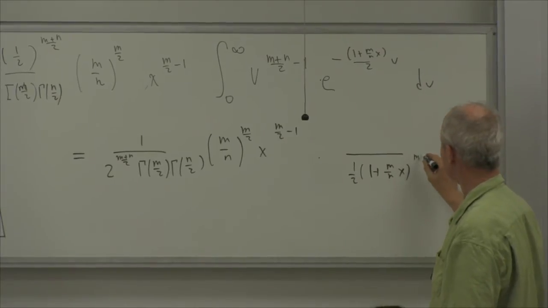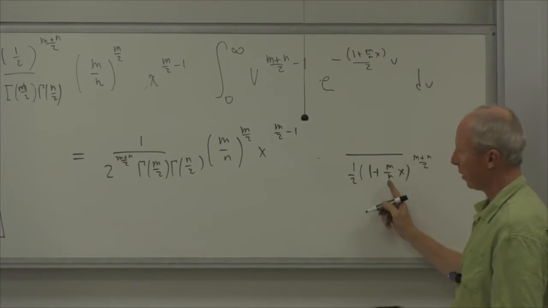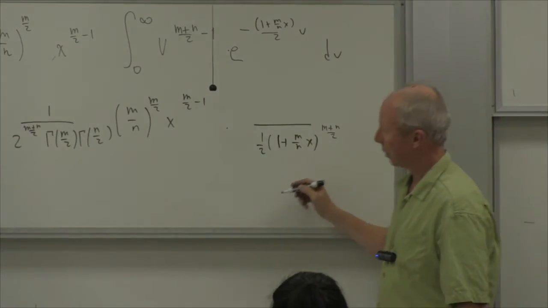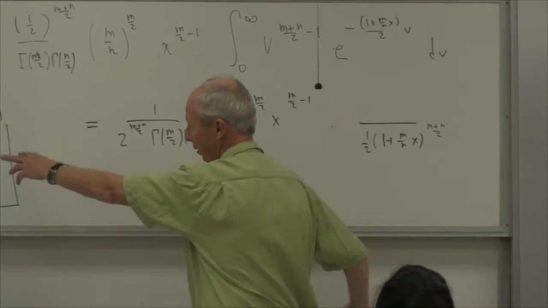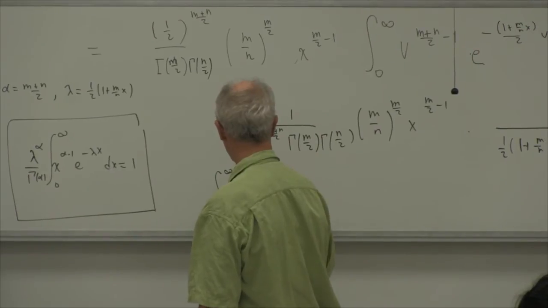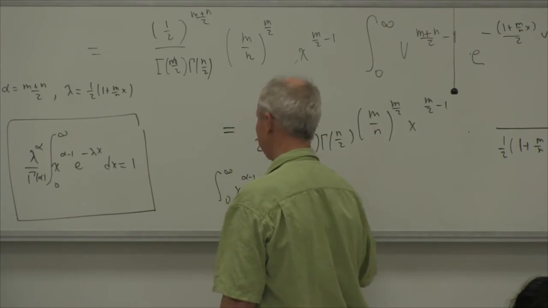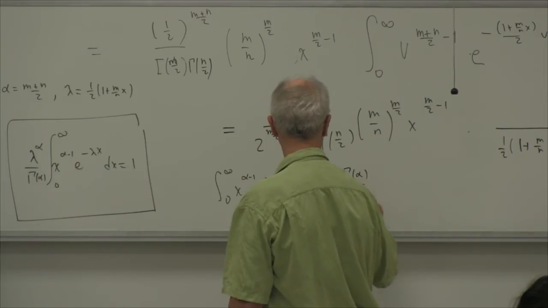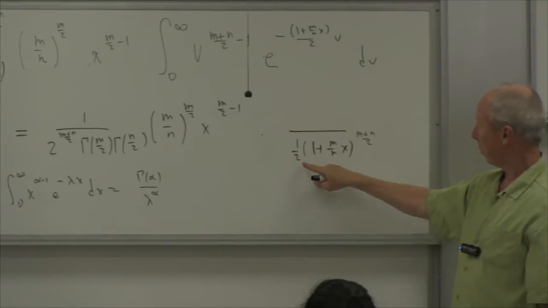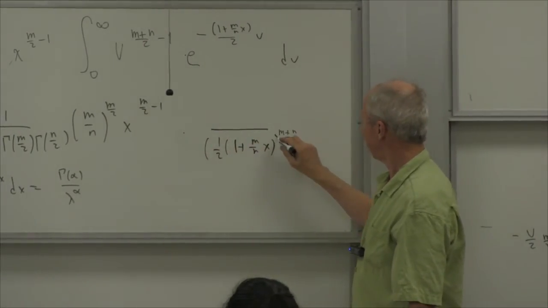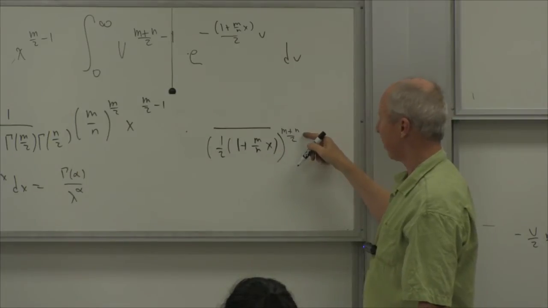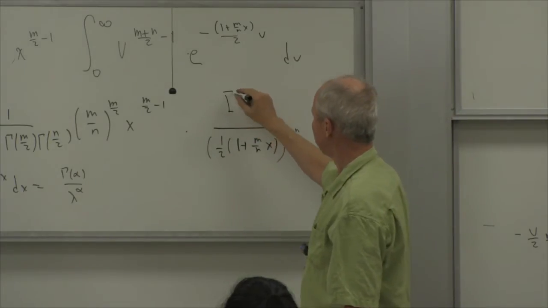Which is m plus n over 2. This is the lambda to the alpha. Another way of saying this is that the integral from 0 to infinity of x to the alpha minus 1 e to the minus lambda x dx is gamma of alpha over lambda to the alpha. So I've just put the lambda to the alpha here with lambda equal half times the quantity 1 plus m over n x, alpha equal m plus n over 2. And up here should go gamma of alpha.